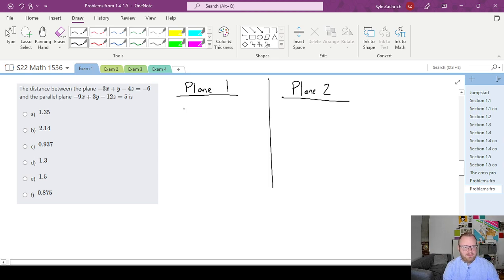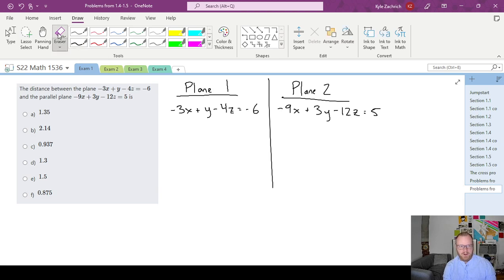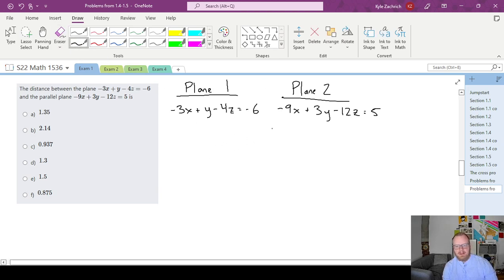Okay, so plane 1 is negative 3x plus y minus 4z is equal to negative 6. Plane 2, negative 9x plus 3y minus 12z is equal to 5. So what you were told for your equation is that this distance between the planes is going to be equal to the absolute value of d2 minus d1, right?